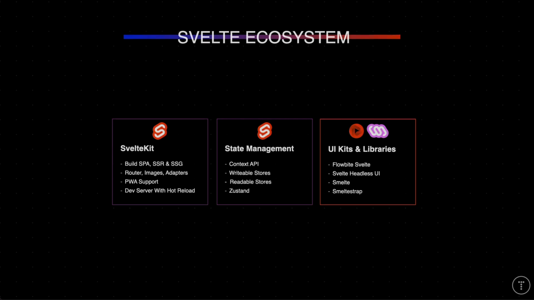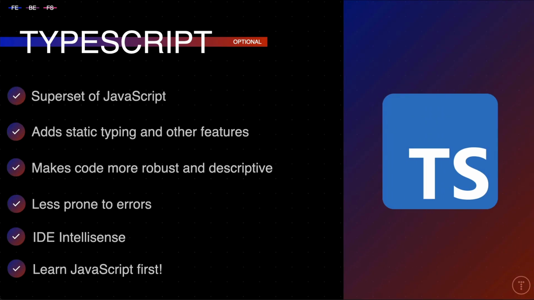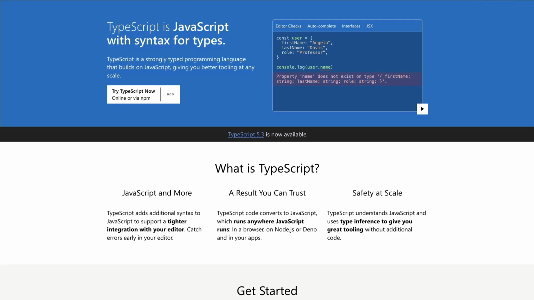All right, so let's talk a little bit more about TypeScript. I mentioned it a couple times, but didn't really talk about what it really is. It's available for front end and back end if you're using something like node.js. And TypeScript is a superset of JavaScript, meaning that it is essentially JavaScript. It is the JavaScript language, but with some added features.